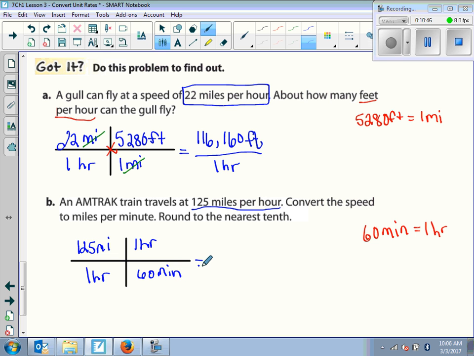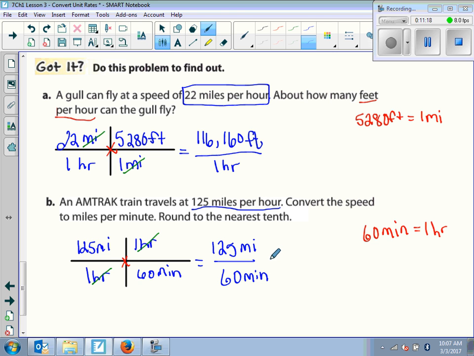And when we multiply straight across, let's see what we can cancel. We can cancel hour and hour. So now that's miles per minute, right? So when we multiply straight across, that gives me 125 miles in what? In 60 minutes. But that is not a unit rate, right? We need to change that to a unit rate.